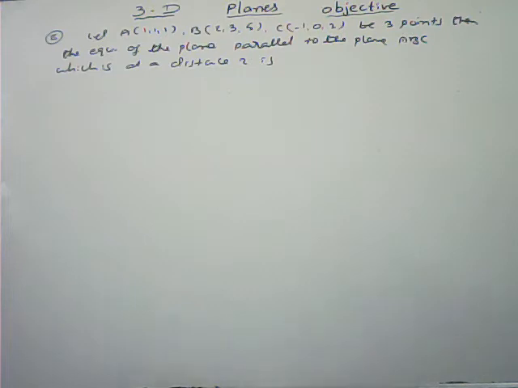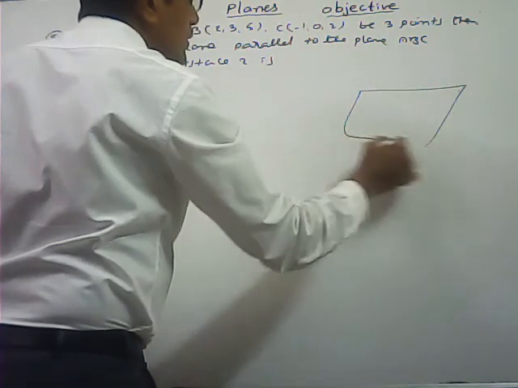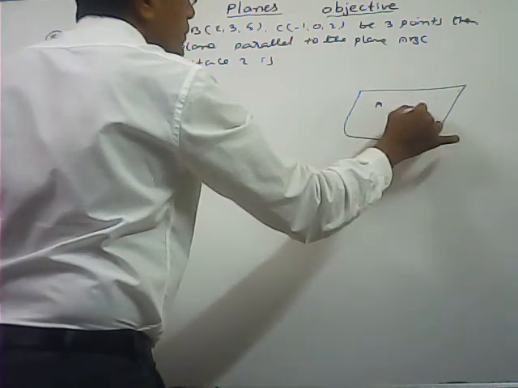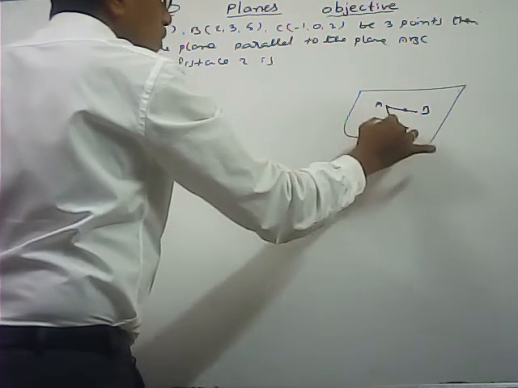Next one, here A, B, C, 3 points are given, then the equation of the plane parallel to the plane ABC. First we can find the plane that passes through 3 points A, B, C. So only 3 points are given.